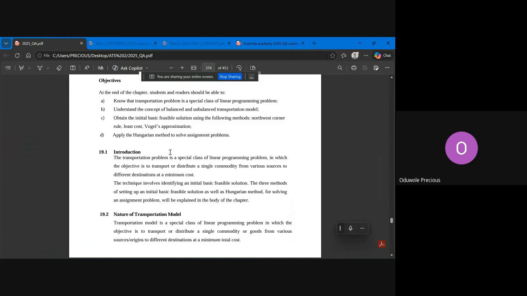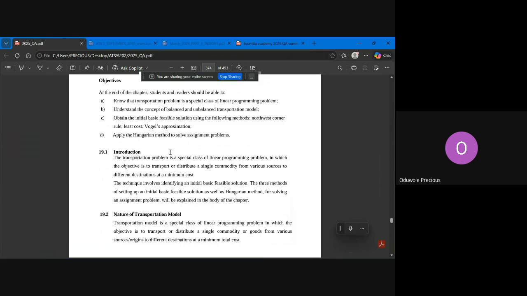Right, that's the objective function. Now, how does this relate to the transportation problem? The objective of the transportation problem is also to minimize costs, but in what circumstance? That's you meeting your demand. So you are trying to distribute a single commodity from various sources to your destinations. Understand? You're trying to meet your demands, while bearing in mind the minimum cost.